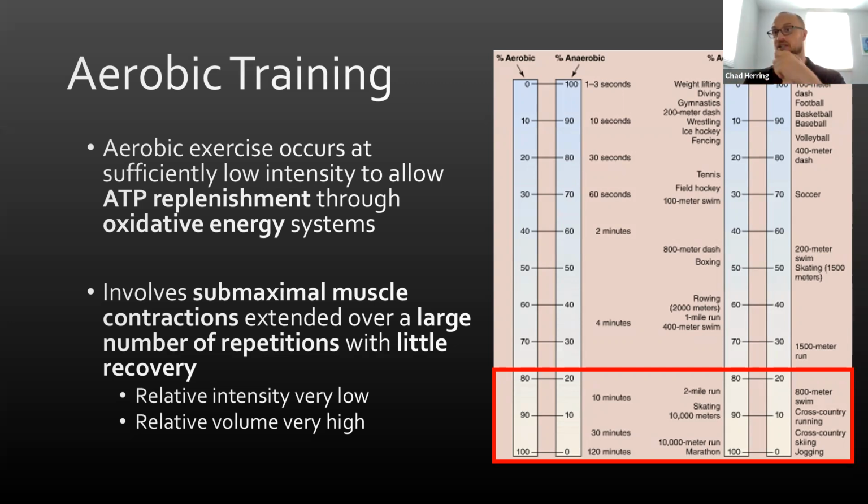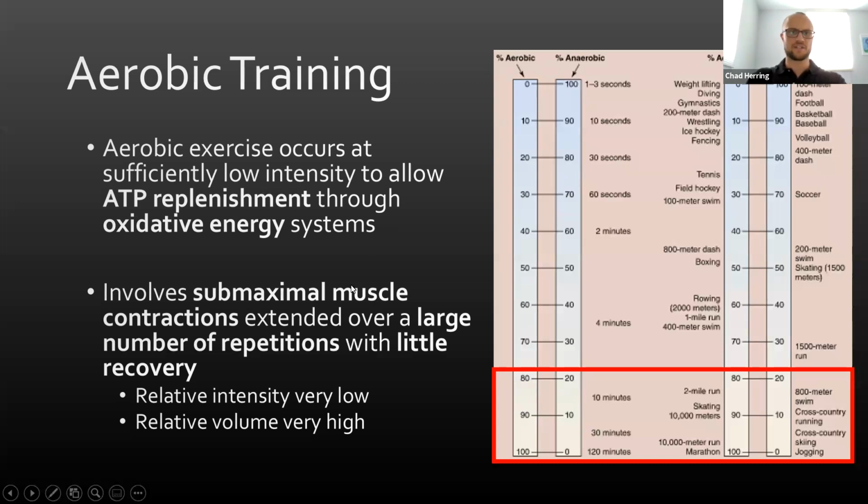Aerobic means essentially oxygen, so aerobic training is where we have enough oxygen. Anaerobic, without oxygen, we basically don't have enough oxygen to replenish our ATP. That's essentially the difference. Okay, so remember, aerobic training, endurance training, low intensity, which allows us to replenish our ATP because we're using the oxidative energy system.